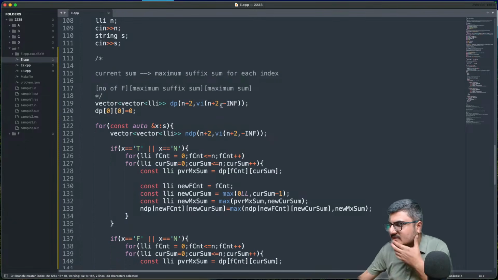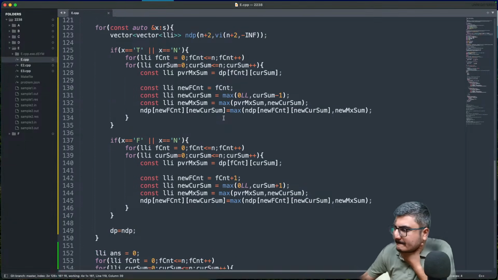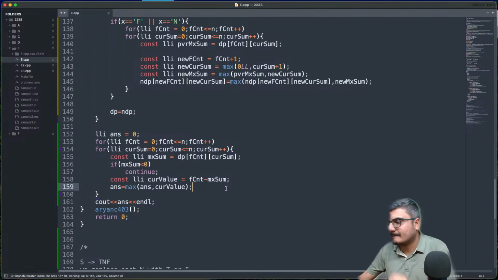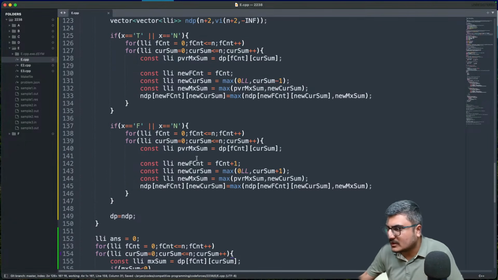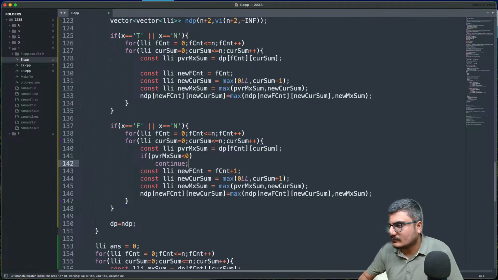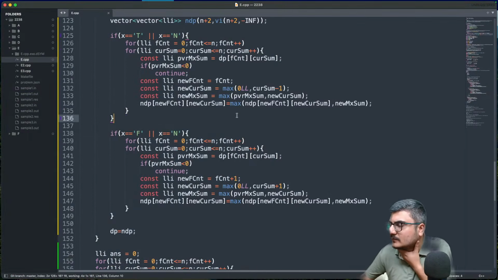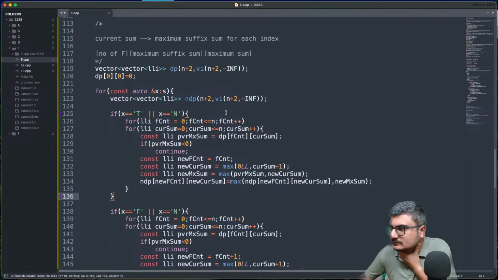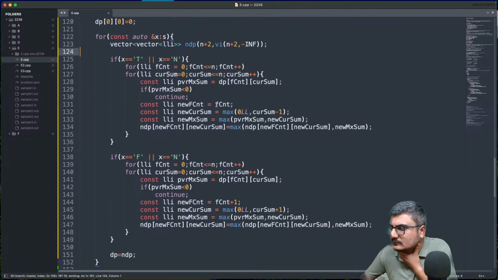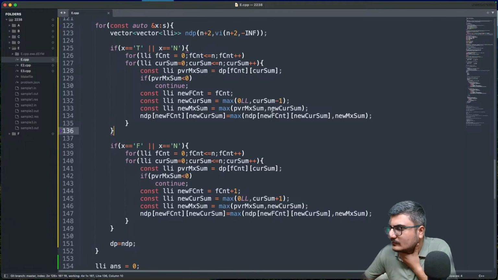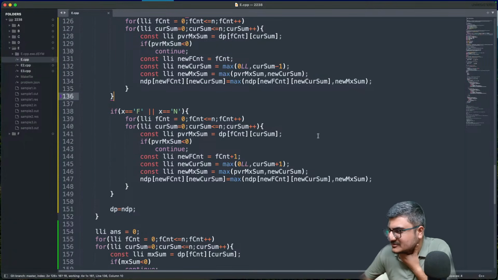Like, am I initializing the states incorrectly? Okay, I should not initialize negative states as well. Can anyone spot a mistake somewhere?